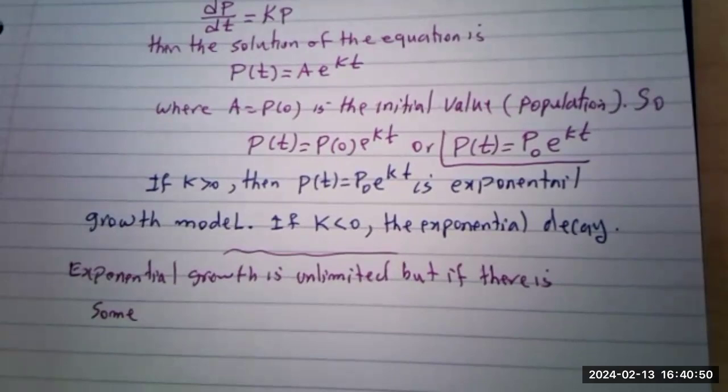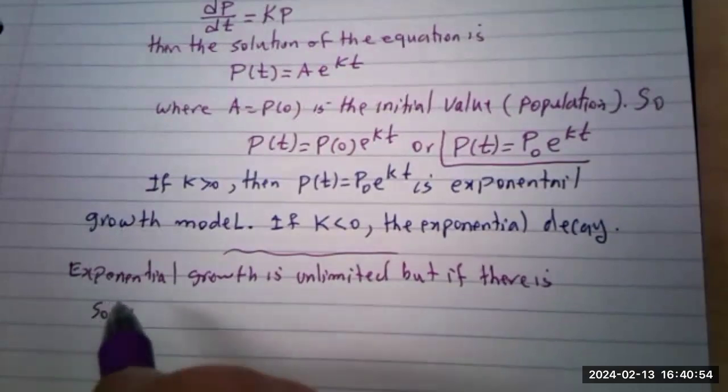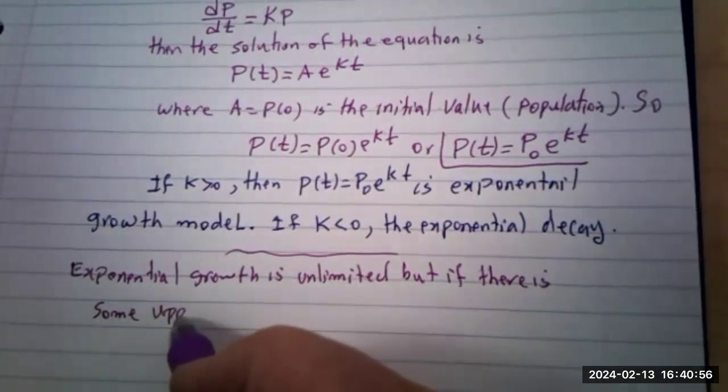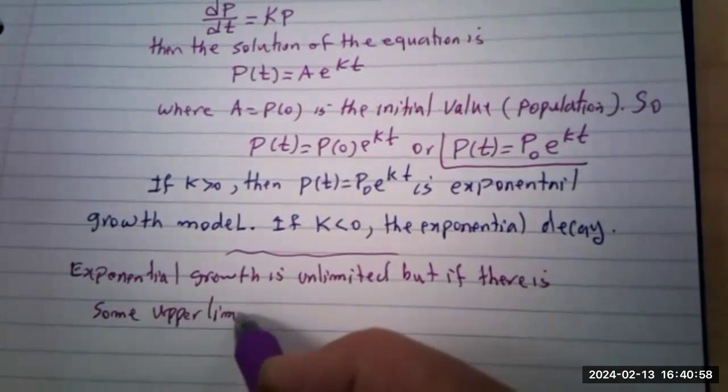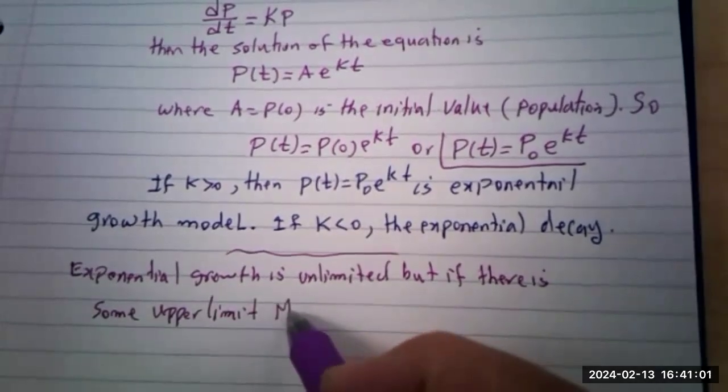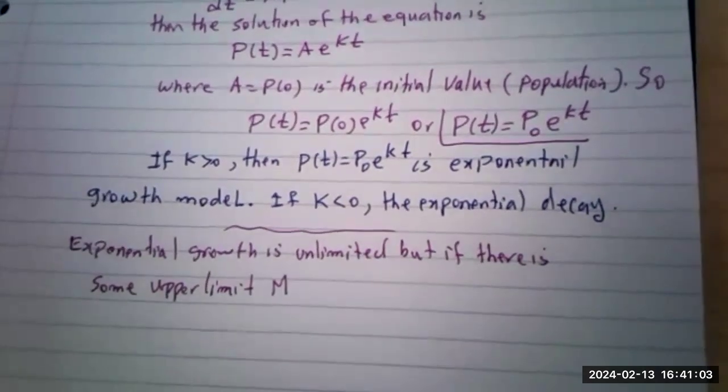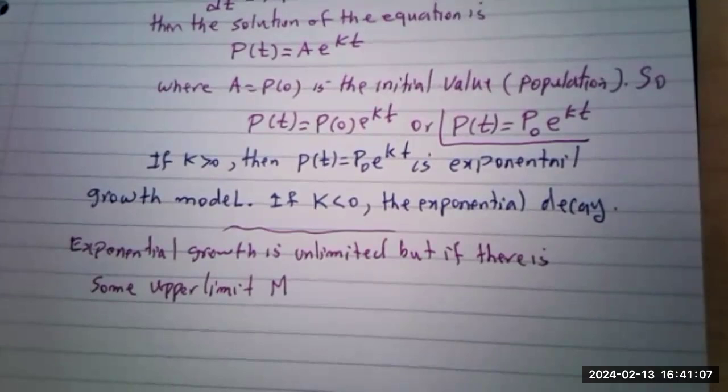So if there is some upper limit, we call it M. That's the maximum that you can afford.